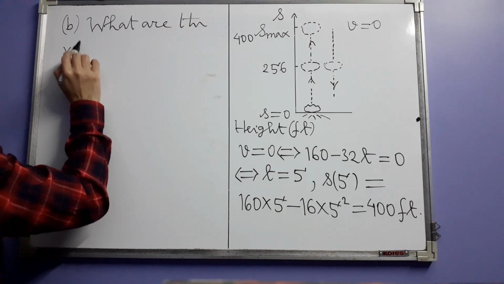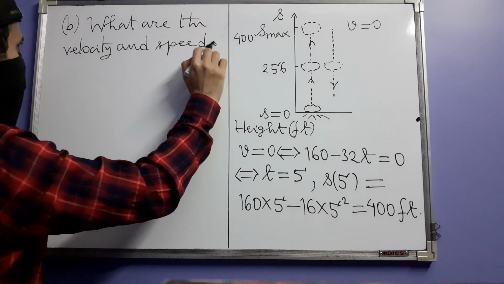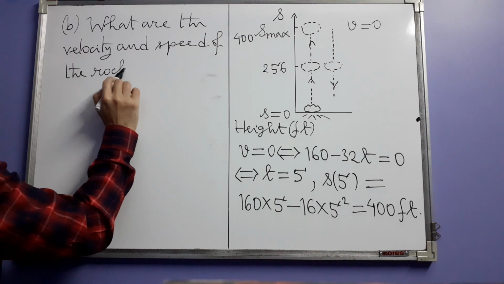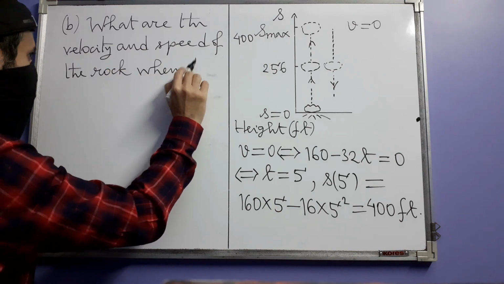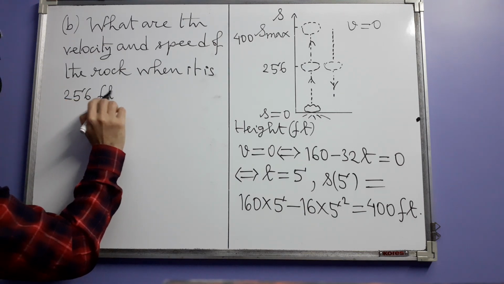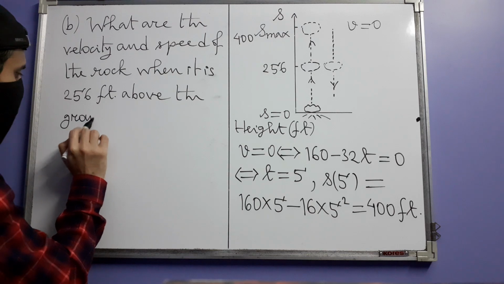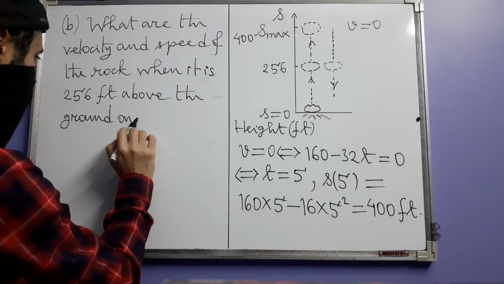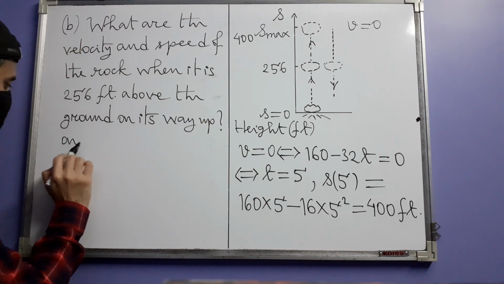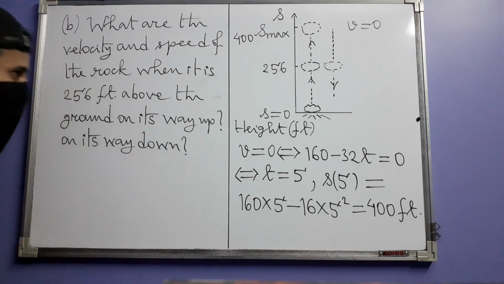What are the velocity and speed of the rock when it is 256 feet above the ground on its way up and on its way down, both.